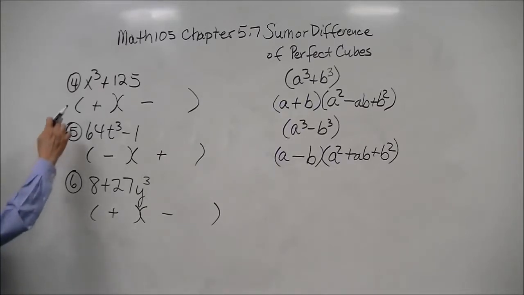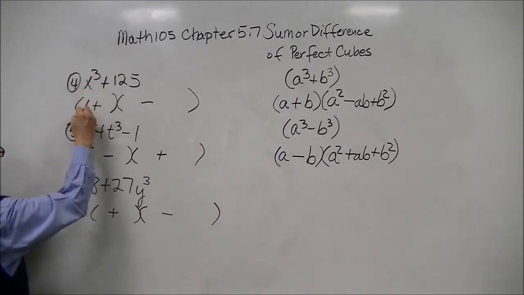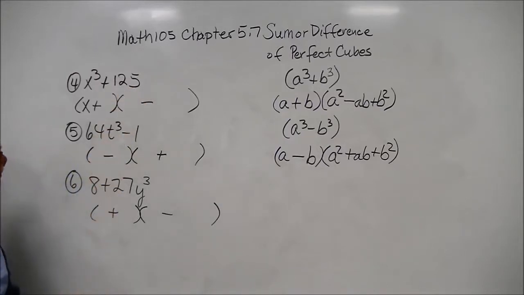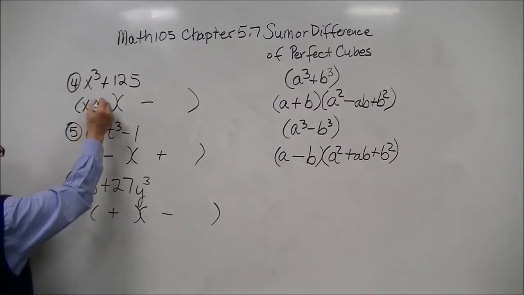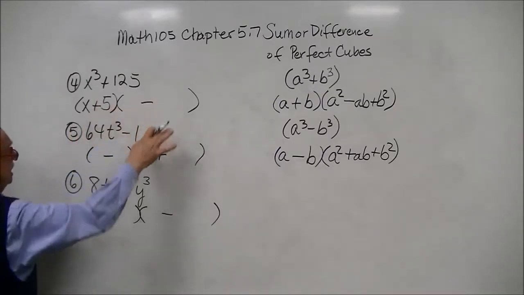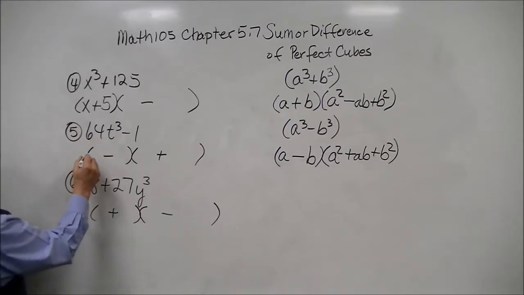Now we take the cube root of x to the 3rd, which is x, the cube root of 125, and again, you may not know that that's a perfect cube, but it is. And we'll get to that part later. Let's just do this. Cube root of 64 is 4t.